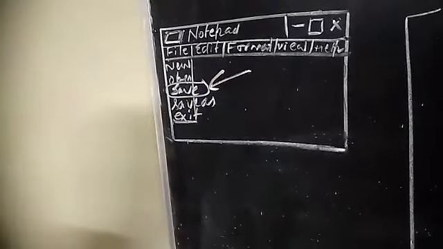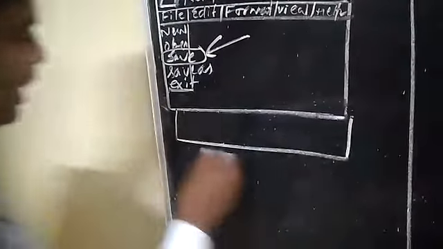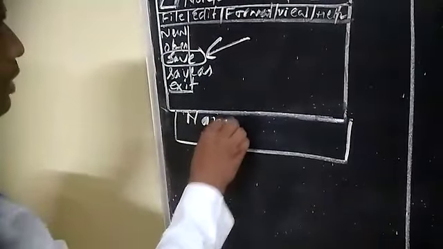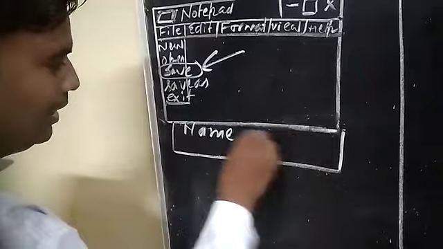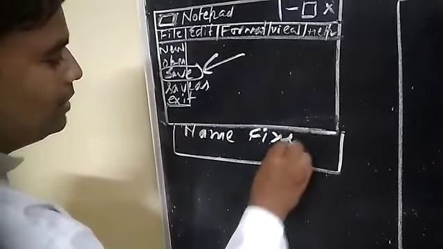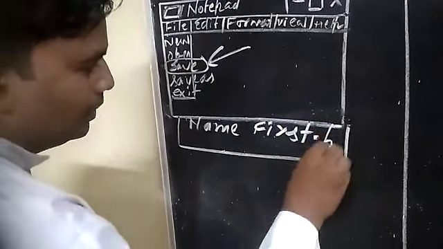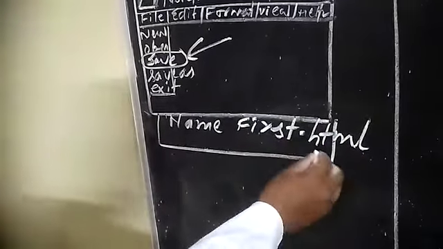After clicking on this, a dialog will be displayed like this. Here is the name of the file. So we will write any name, here first.html. Students, the extension of our document will be .html, or you can also write .htm. Then save it.